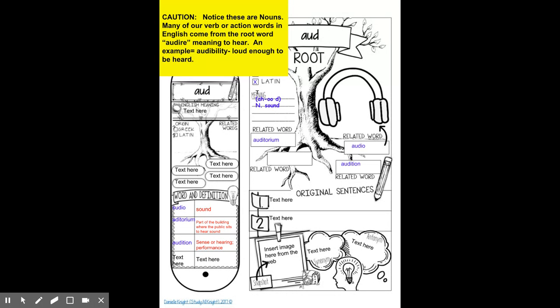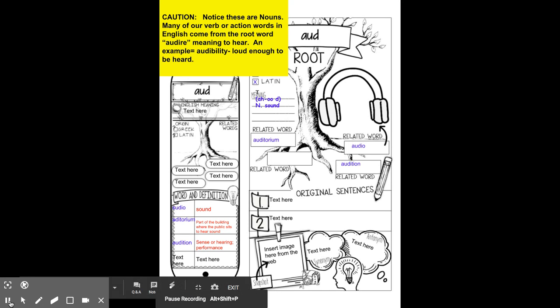Okay, I'll fix that. Another word we get from the root aud is audio. And audio is literally sound, like an audio system. It's a sound system. There's a lot of them you could find.